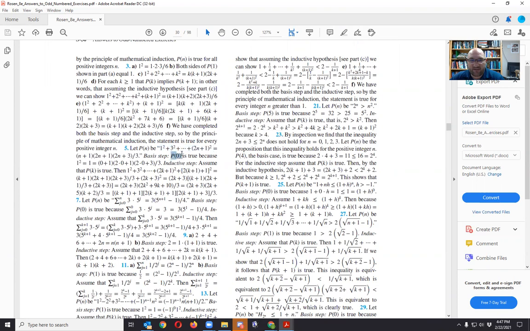So the basis step is P of 0 is true. So P of 0 is going to be 1 squared, which is equal to 1, which is equal to all of these other things. Now the inductive step is we have to assume that P of k is true. So this step says 1 squared, 3 squared on through is equal to k.